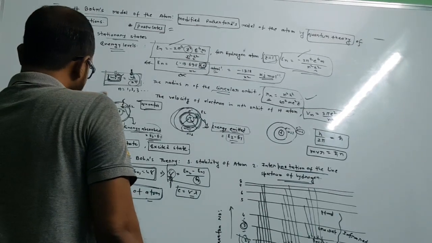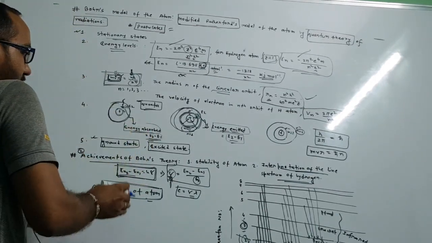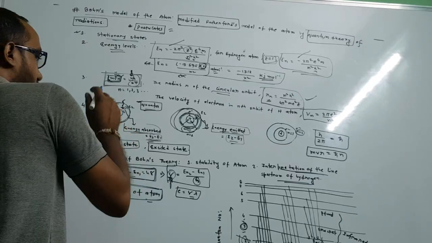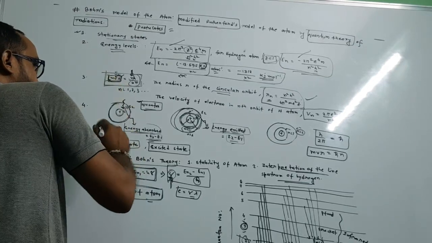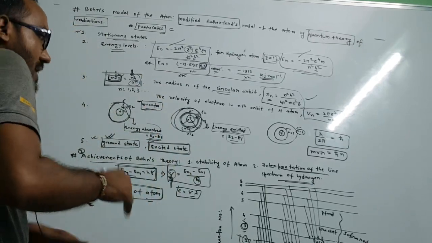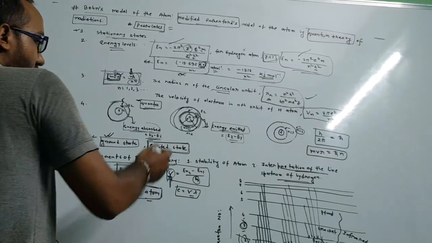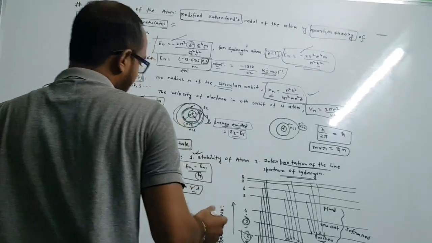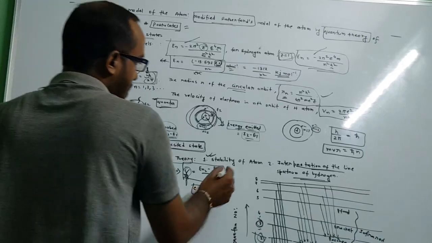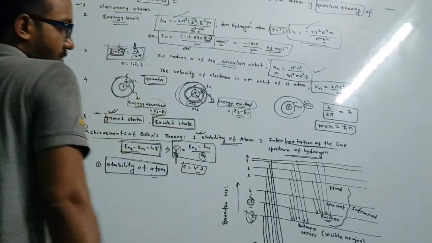When the electron is in its lowest orbit, it is in its ground state, and when it moves from the ground state to a higher orbit, that energy level is known as its excited state. So the achievement of Bohr is mainly for two things. First, the stability of the atom.